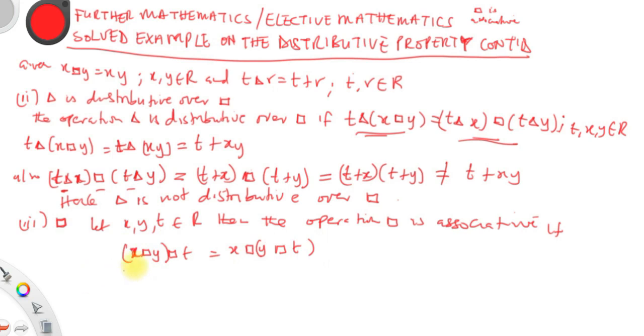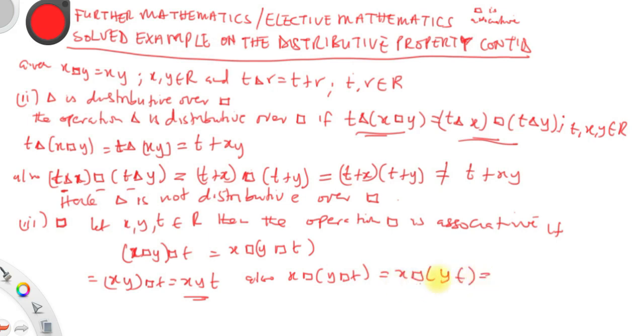This side is equal to x square y, which is xy. Okay, so you have xy, then square t, so it becomes xyt. This is what we get. And then this one also, x square into bracket y square t will be yt.